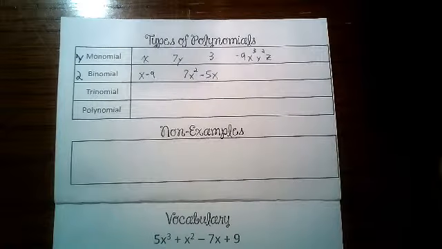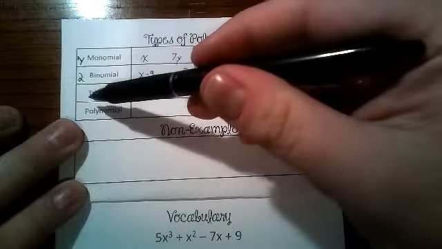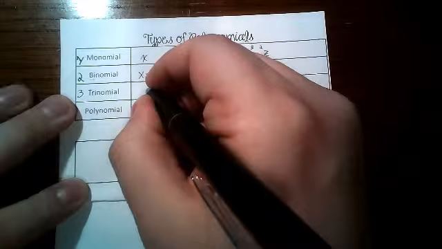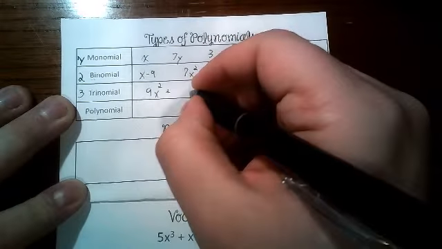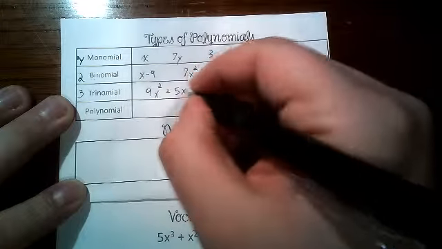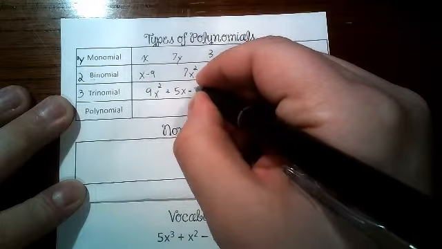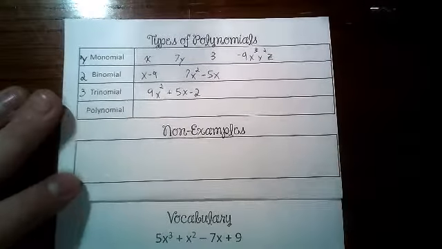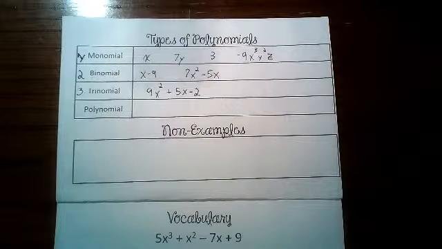Trinomials, you might get the hint here, means 3 terms. An example of something with 3 terms could be 9x squared plus 5x minus 2. And that has 3 terms, right? 1, 2, 3 terms, separated by addition or subtraction.